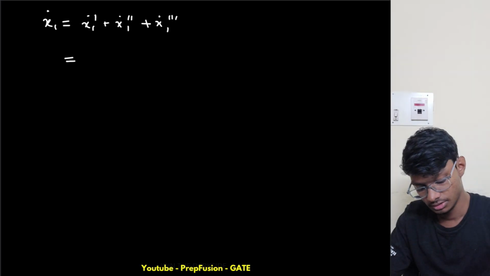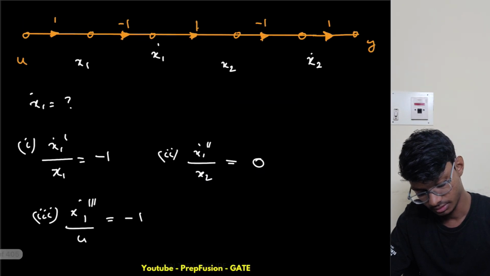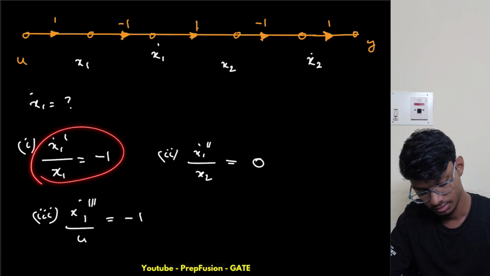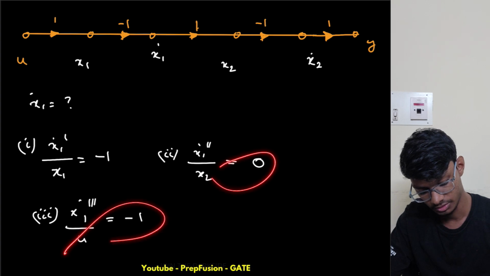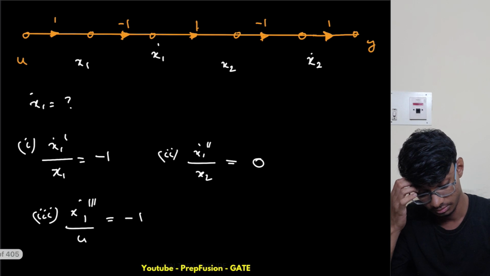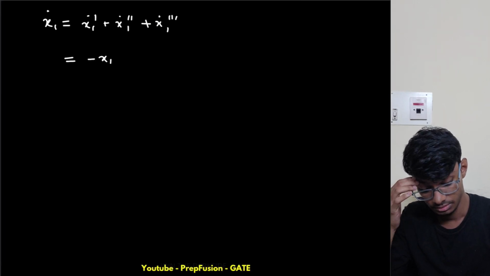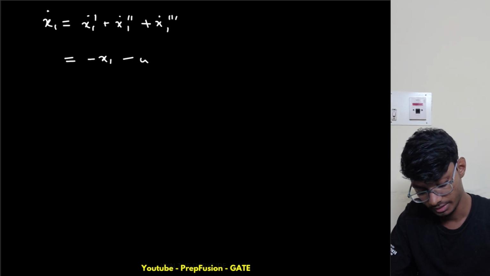So my overall x1 dot will be equal to minus x1 due to this one, 0, and minus u. So it will be simply minus x1 plus minus u, minus u.